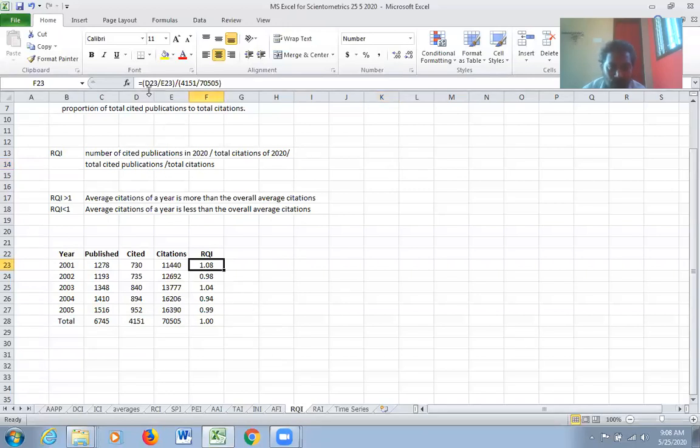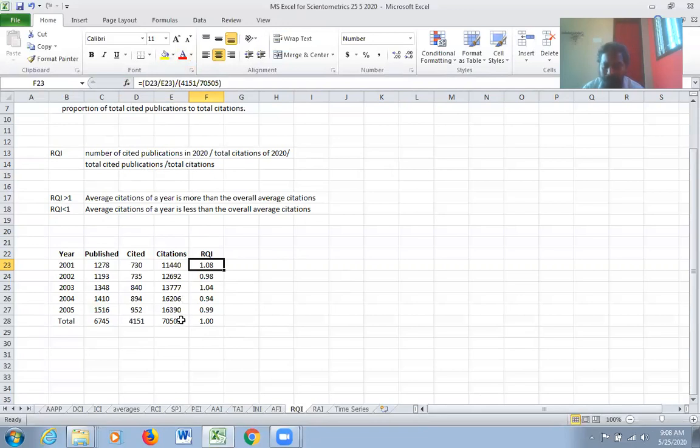So what is my RQI? It says D23. What is D23? Number of cited publications divided by E23, the total citations received by 730. That is 730 divided by 11440. That is the first part of the formula. Divided by 4151, what is that? Total number of cited publications, divided by 70505, total citations.